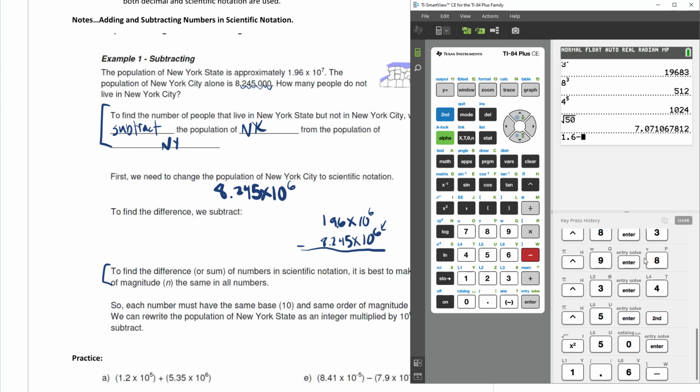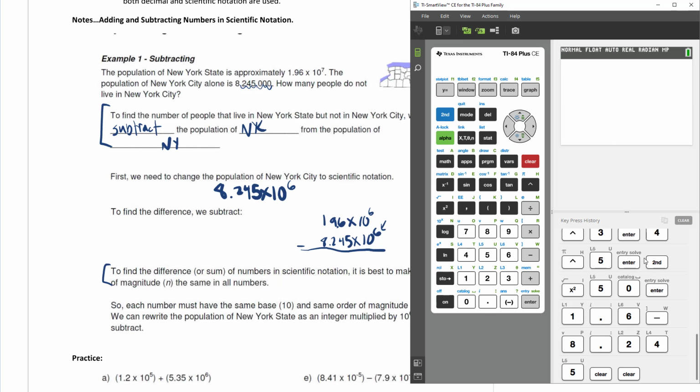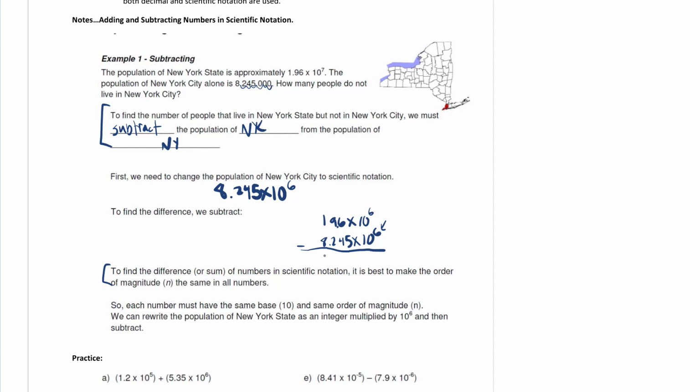19.6 minus 8.245. That did not work at all. Let's try that again. 19.6 minus 8.245. This calculator's a little slow, so I have to type slowly. So we have 11.355 times what? Well, that's still 10 to the 6th. And it turns out we can convert that back now to 10 to the 7th, so it's actual correct and proper scientific notation.